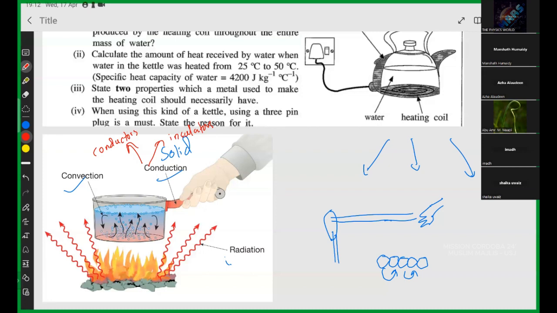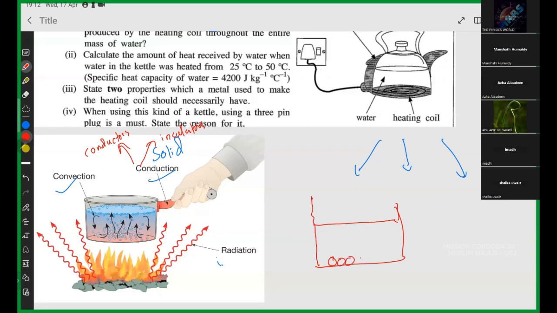Convection can occur in air or else in fluids, in liquids. Let's say it can be air or it can be water. I'm just taking water as an example here. So you have particles at the bottom and you also have particles at the top.